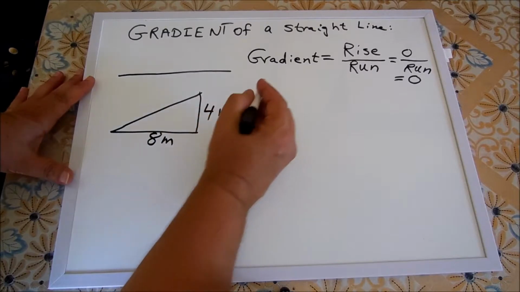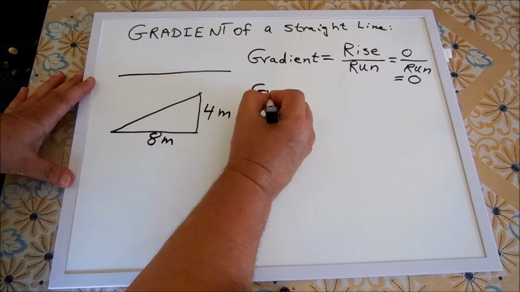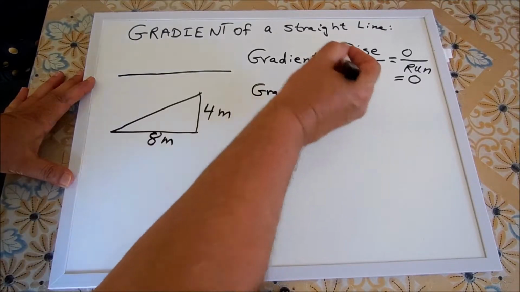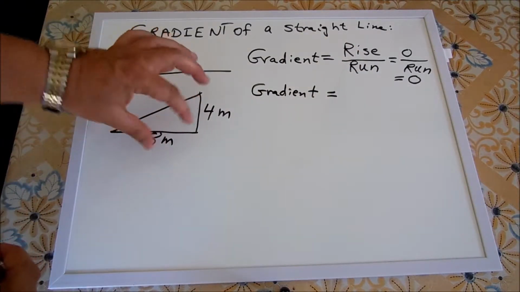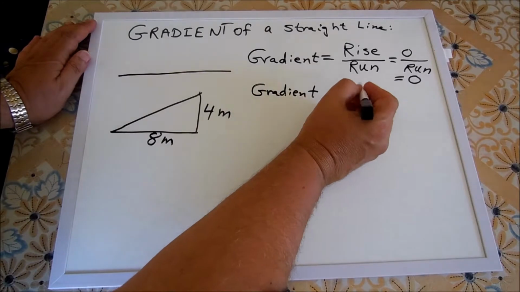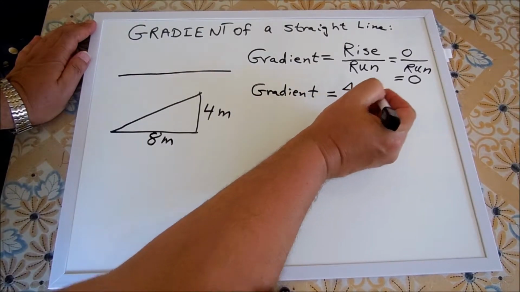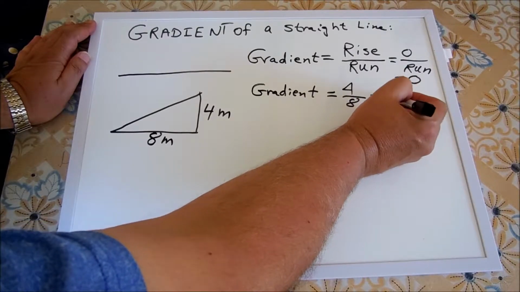So in this case, your slope or gradient will be the same thing, rise over run. So that will be 4 over 8. And if we simplify this, that will be 1 over 2.